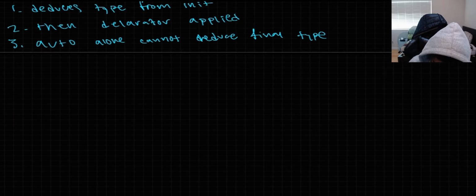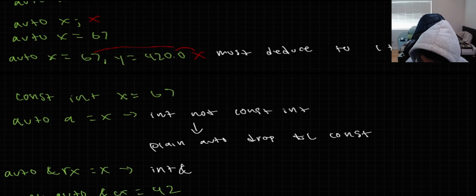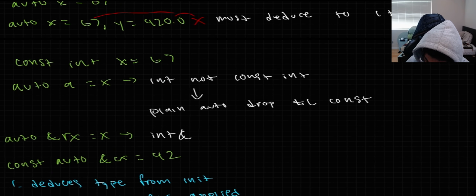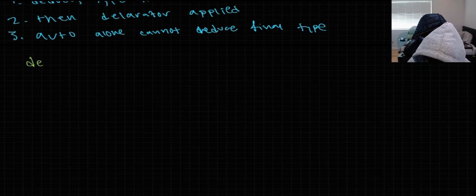Now let's talk about type declaration, or another type deduction form using the decltype. Yeah, decltype, whatever you call it. So what do I use for that? Let's use decltype, declare type.